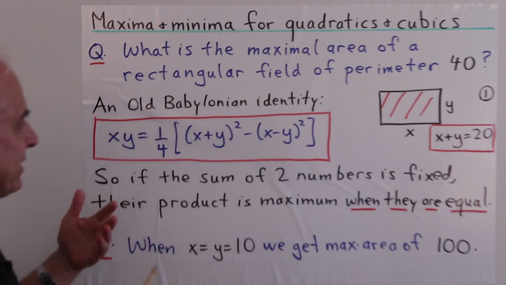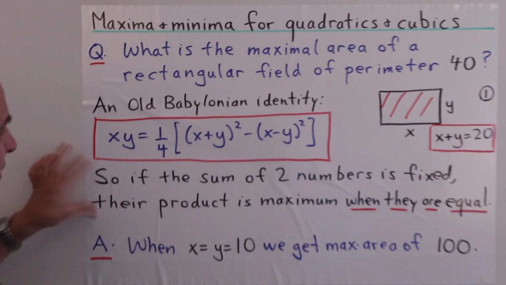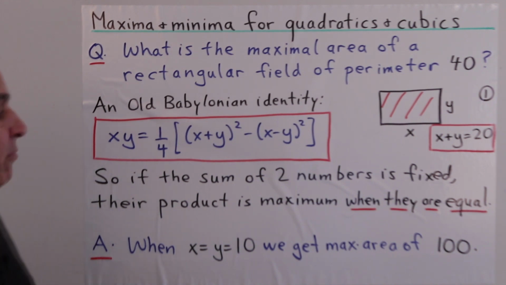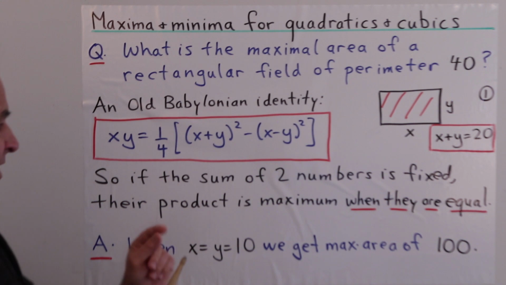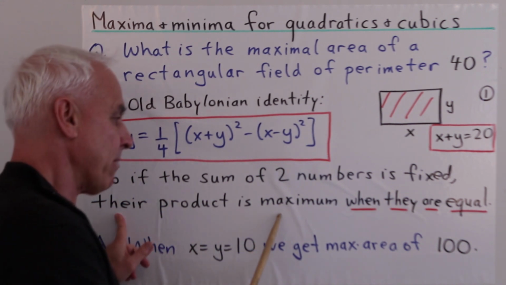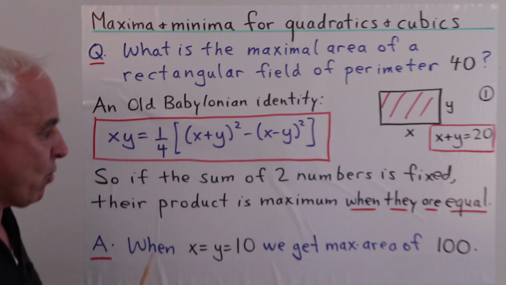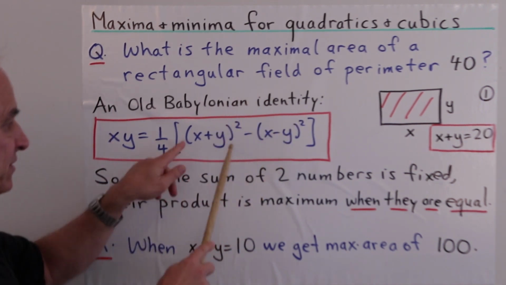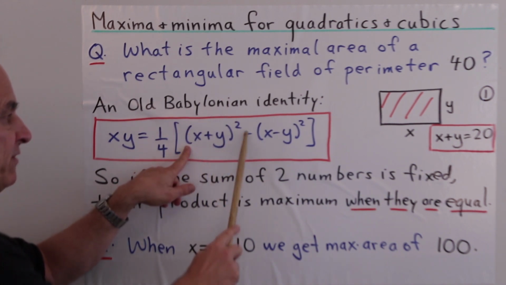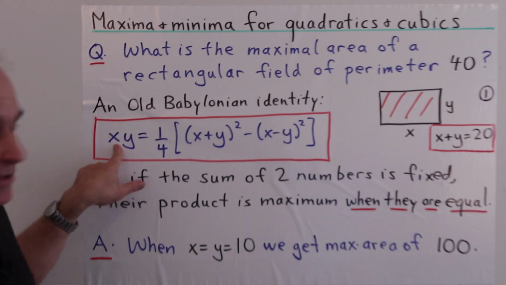And why does it help us? Well, because from this identity follows the following very general and useful principle, that if the sum of two numbers is fixed, then their product is maximum when they are equal. Why is that? Well, suppose that we know the sum of two numbers x plus y is fixed, so that this quantity here is fixed, and we're interested in maximizing the product.